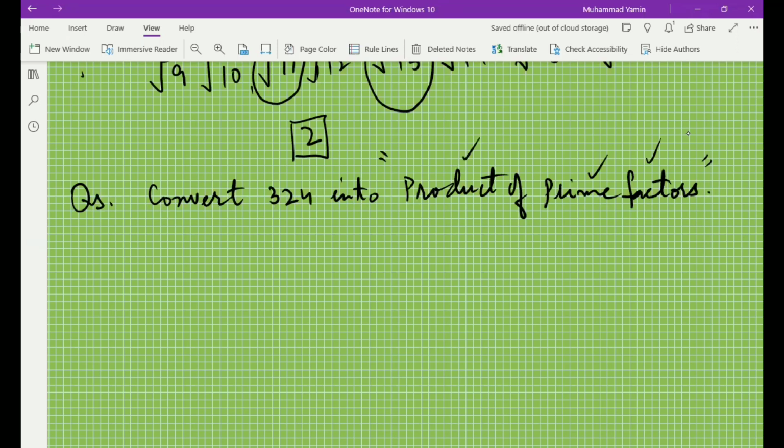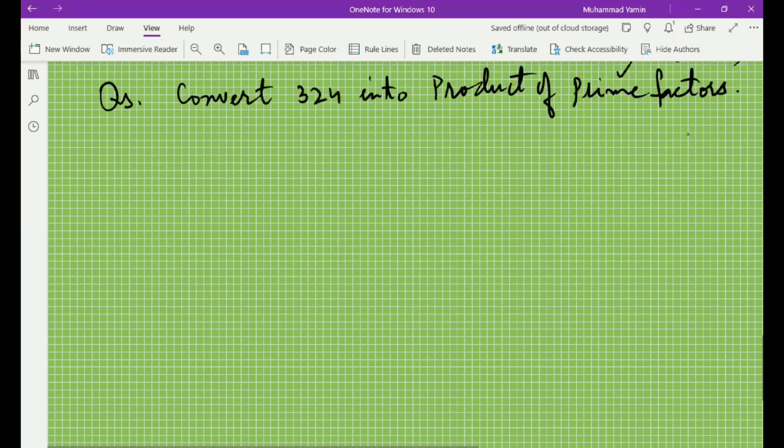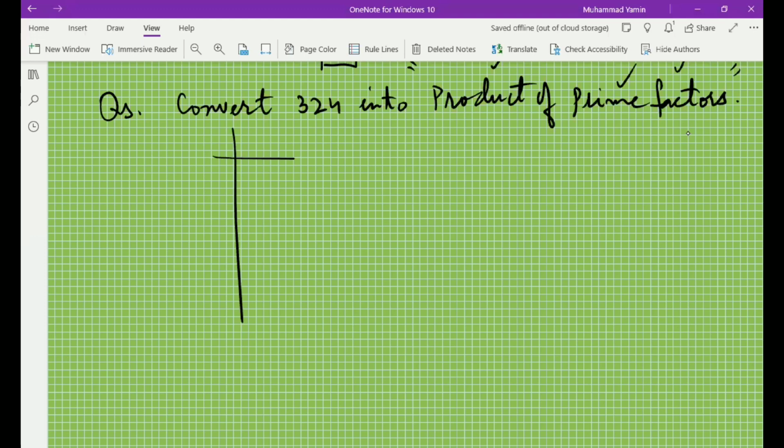So this process of thinking will take longer. Instead of doing this, what we can do is take out the factors like this. See, we write it this way, 324, and then we take out the factors. Normally, you people call it LCM, but this is not LCM. This is a simple factorization method.